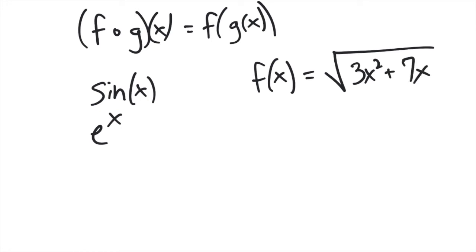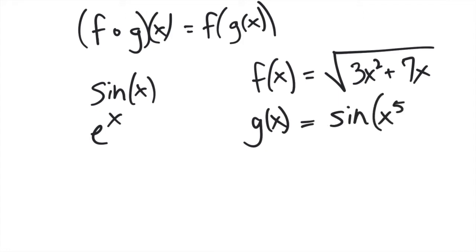Another example is that we know how to deal with the sine of x, but we don't know how to deal with the sine of x to the 5th plus 1, where there's another function inside of the sine function, or in the first one there's another function inside of the square root. We know how to deal with e to the x.